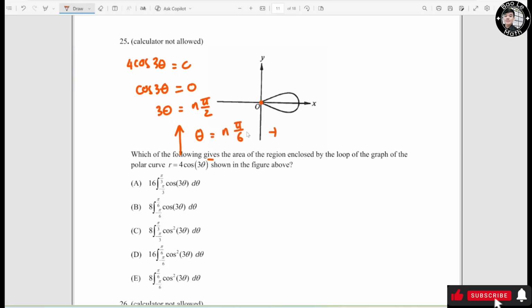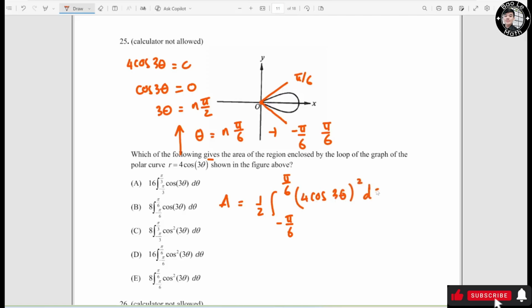When n equals 1, we get pi over 6. When n equals negative 1, we get negative pi over 6. This guy is actually negative pi over 6. This guy is actually pi over 6, right? So the area is 1/2 the integral from negative pi over 6 to pi over 6 of the radius square, which is 4 cosine 3 theta altogether square d theta.